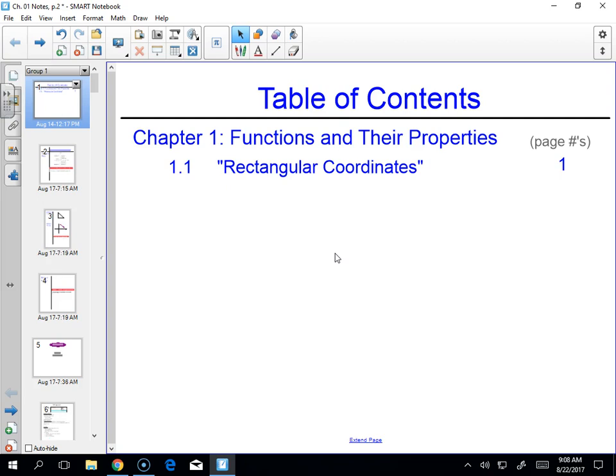So all we're doing is on the very first page of our composition notebook, we're setting it up, table of contents at the top. Every time we start a new chapter, you are writing that chapter heading. Then you're doing the section number, followed by the section title, and then a page number.